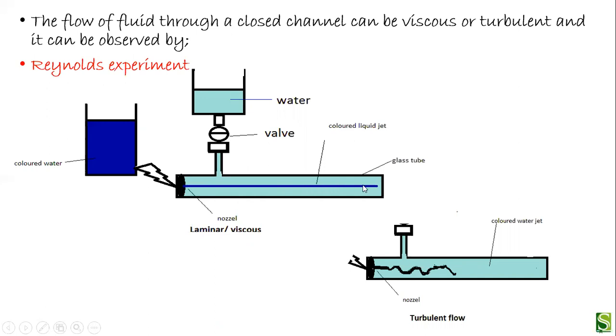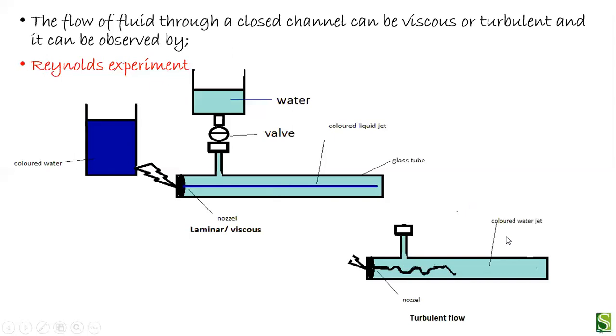It will not get mixed with the next water layer. The colored water and non-colored water will flow without mixing for a long period of time. As there is no mixing, we can say the fluid is in laminar flow or viscous flow.